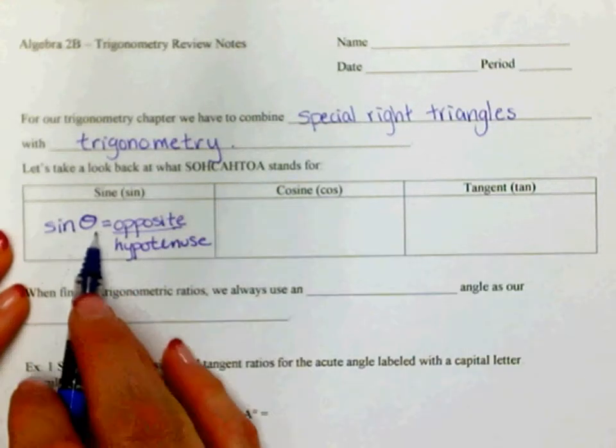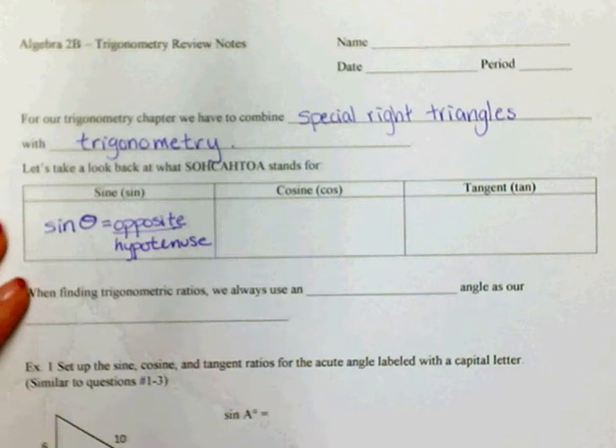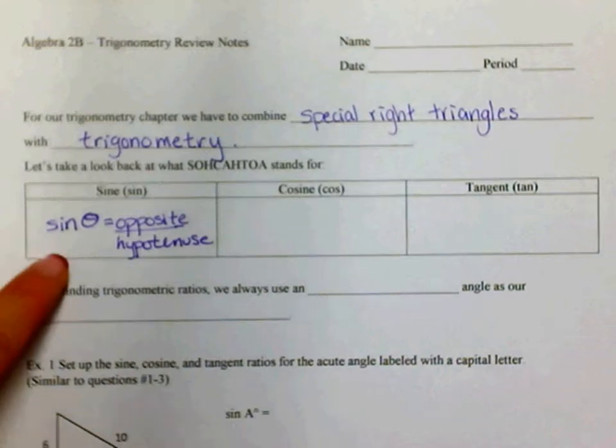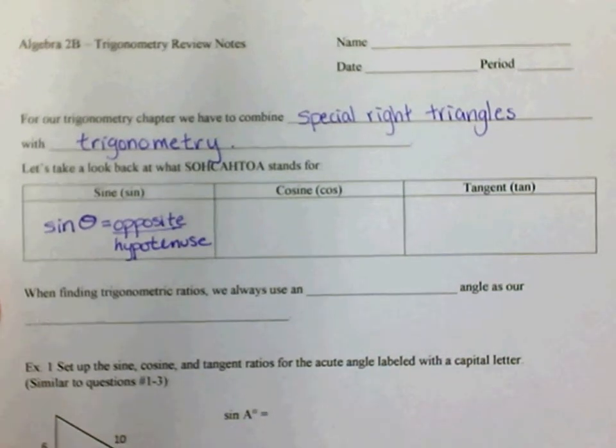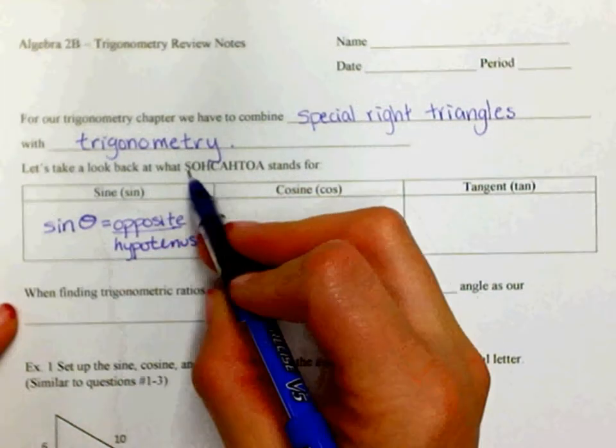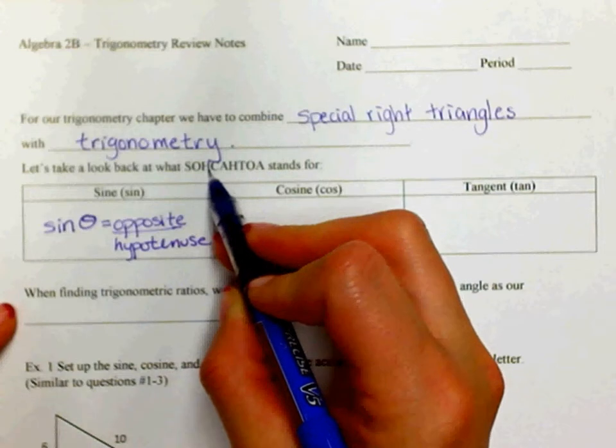This symbol right here is theta. It's a Greek symbol, often used for angle. Just the sine of some angle is equal to the opposite divided by the hypotenuse. So that's the sine, opposite, hypotenuse.